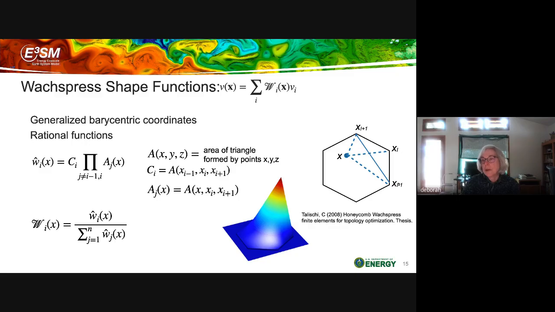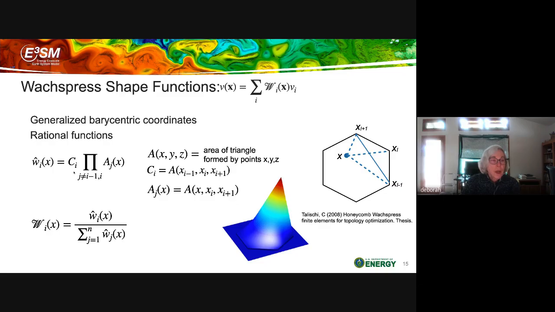So these vertices, so that would be this triangle here. And then A_j is a function of x, where you look at the point where you want to evaluate the basis function and 2 vertices. So here are 2 of those triangles.